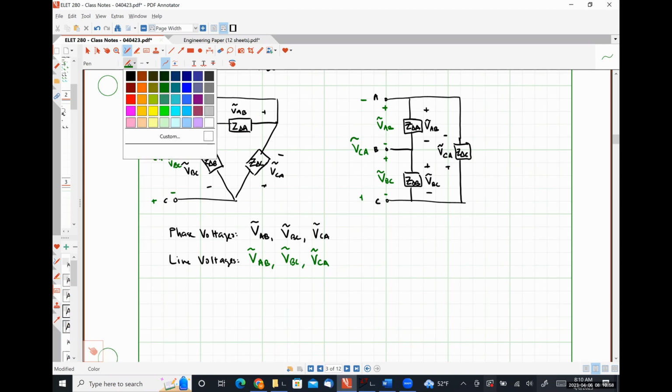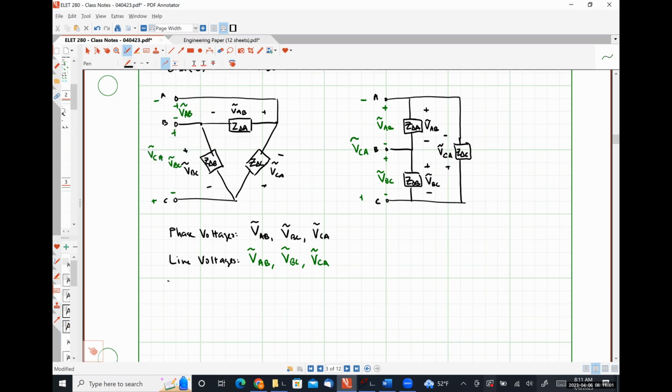And then the last thing that we need to identify is our phase currents. These will be the currents flowing into the positive polarity terminals. IAB, IBC, and ICA like so. And this is getting real busy.